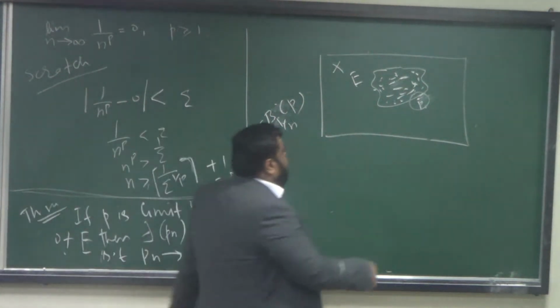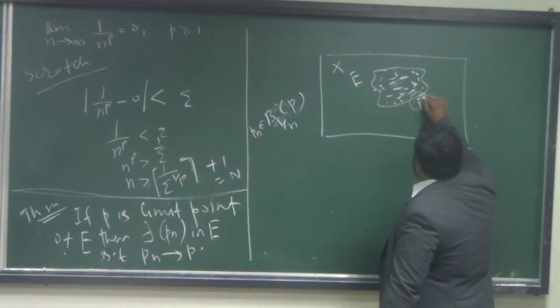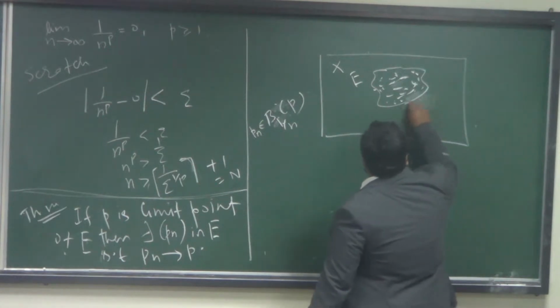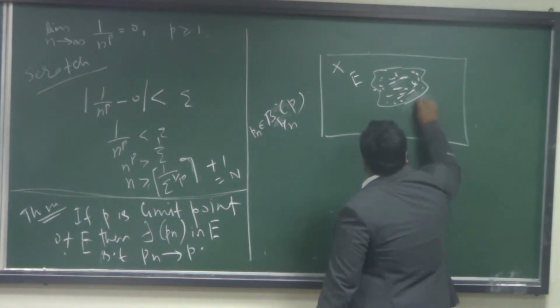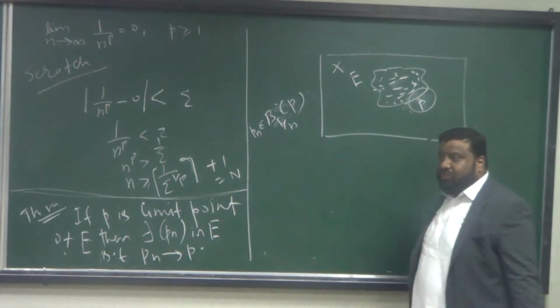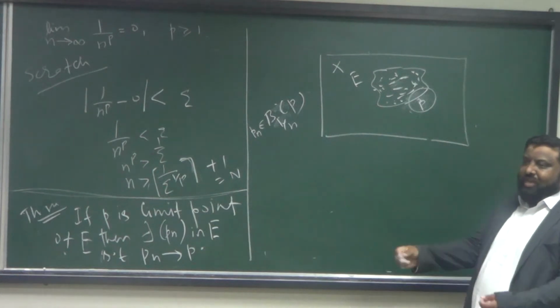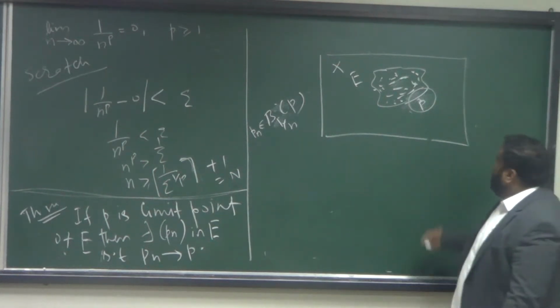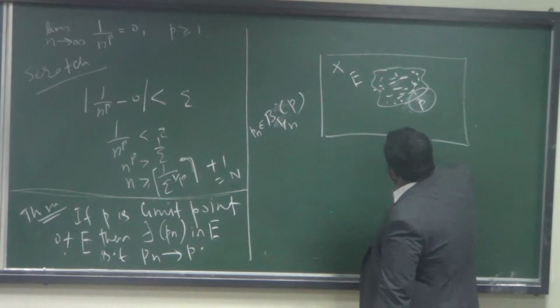Just think about it. It's a very clever way to do it. I have a point P here. I draw a ball of, for example, radius 1, because I took n equal to 1, and then I choose a point from here.